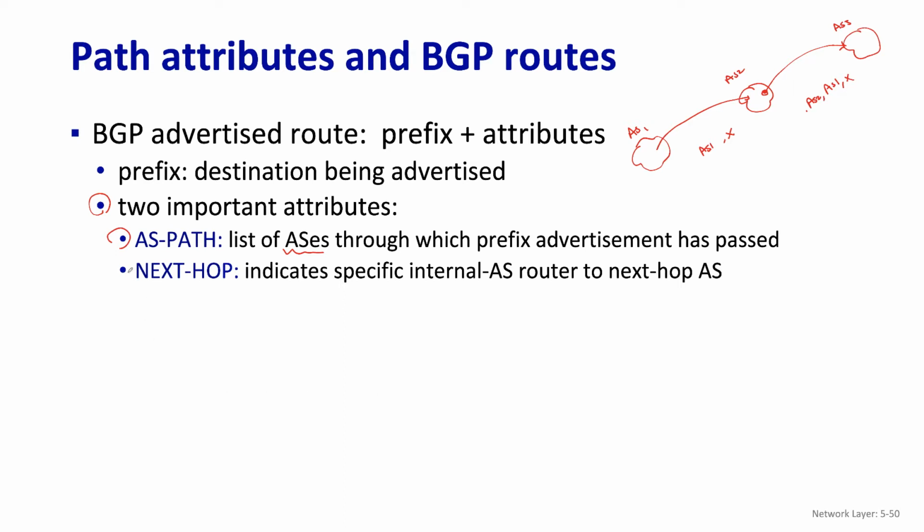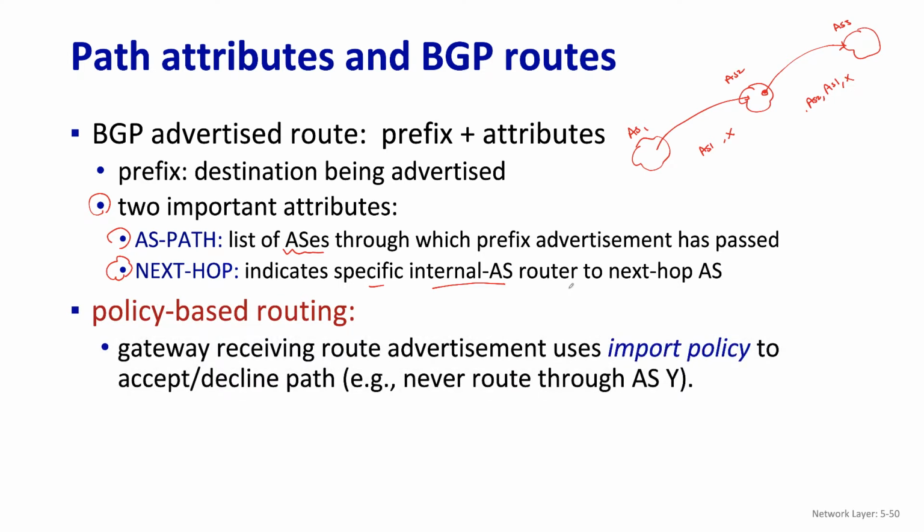And the other attribute which is going to be identified here is the next hop, which indicates the specific next hop within the internal autonomous system. As we mentioned before, BGP is policy-based routing. That means whenever you receive advertisements, you will apply the policy.